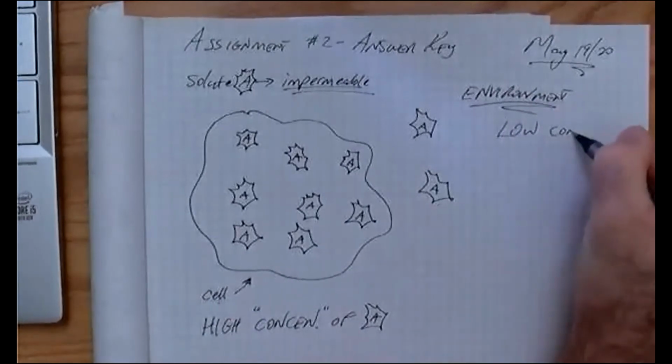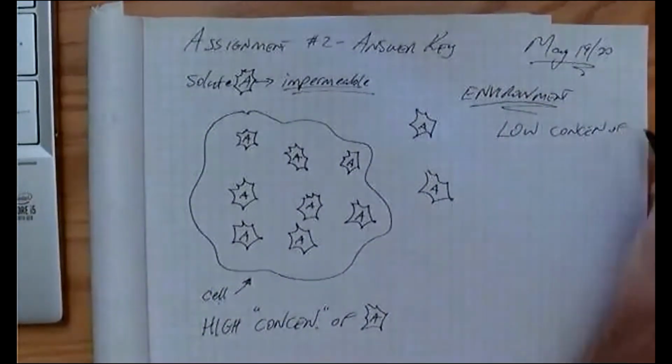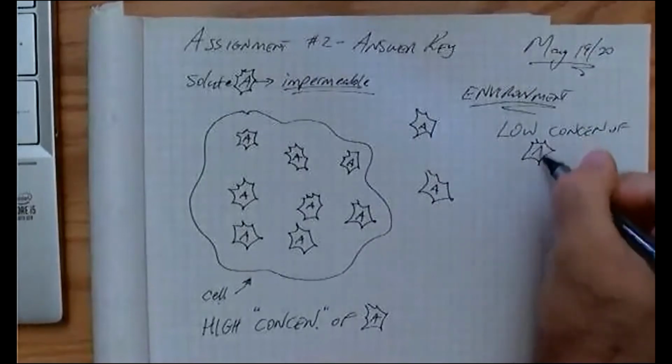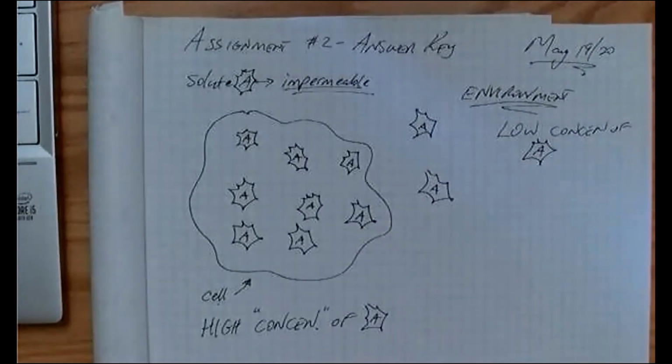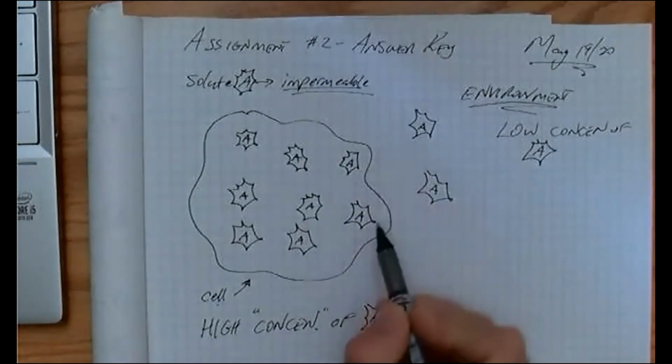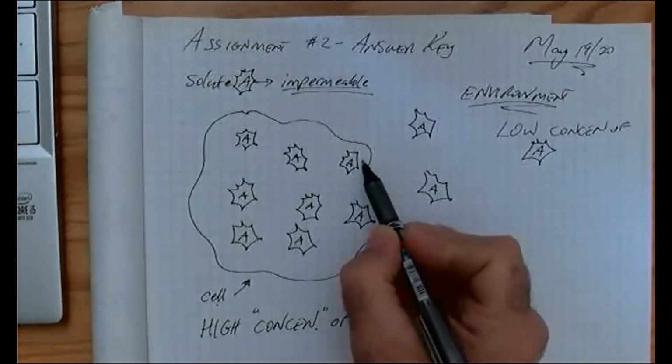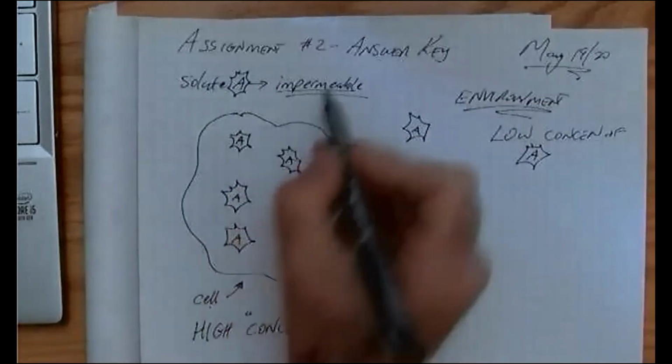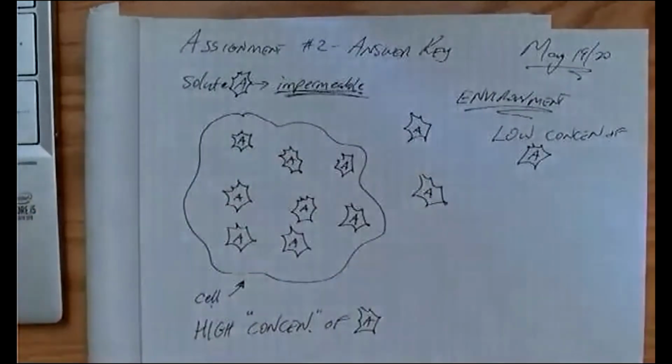Low concentration of whatever this solute A is, outside of the cell in the environment. So we need to make our prediction then. What will happen? Well, at first glance, solute A is going to try to cause equilibrium by passing through the cell membrane, but in the description, for whatever reason, maybe the pores in the cell membrane are too small, maybe the molecule here, solute A, is too big.